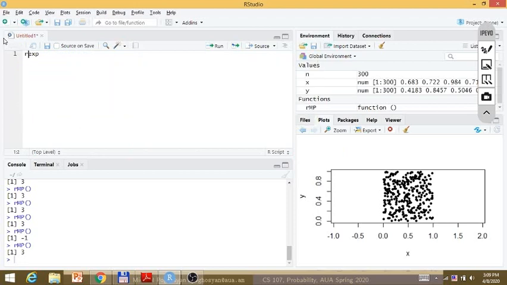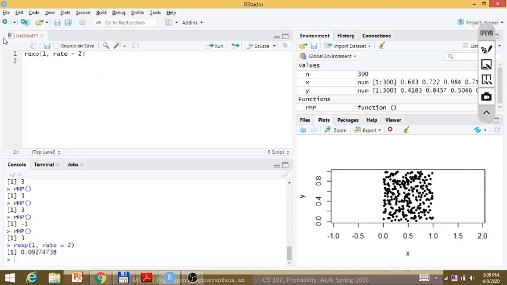If I write rexp, this will generate a random number. By default, the rate is 1. You can see that lambda is 1, but the problem was asking to generate for 2. So I want just one number from the exponential distribution with rate 2.